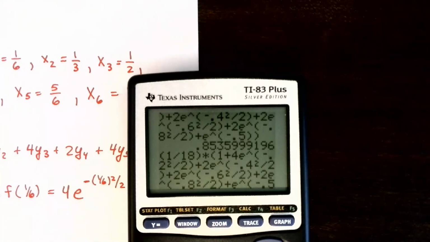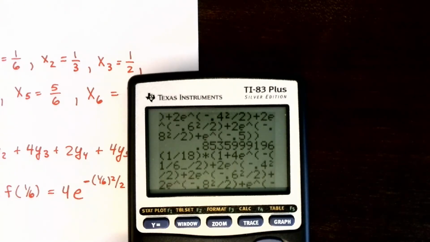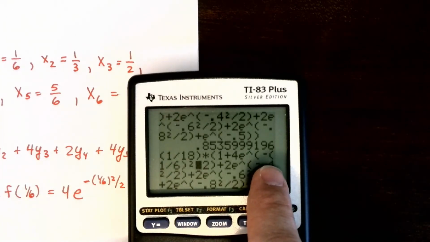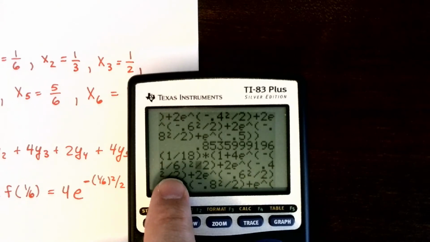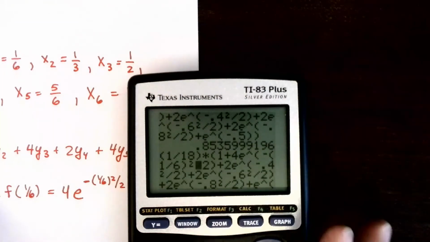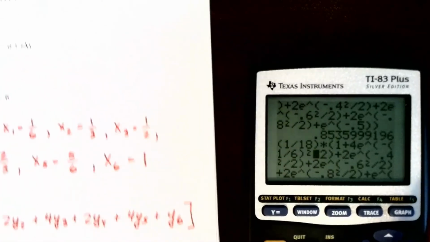I don't want to round that off, so I'm going to do 1, insert divided by 6, close parentheses. So it's getting a little crazy, but I've got that 1/6. Notice that 1/6 is in the parentheses. Don't bring the negative sign inside of it. The negative sign is not inside the parentheses.